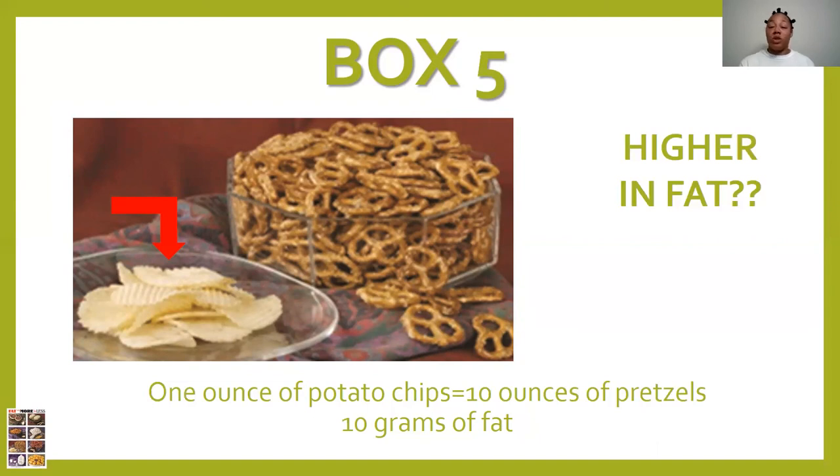But both of these equal 10 grams of fat. And so we may not even consume the entire 10 ounces of pretzels, so we're not even consuming the whole 10 grams of fat. But that 1 ounce of potato chips, we're gonna eat that for sure. And then we're consuming 10 grams of fat. So that's why it's higher in fat. Okay? Does that make sense? Hopefully we're catching on.